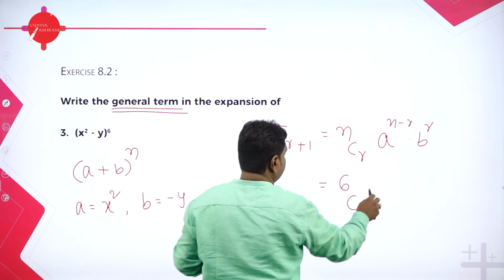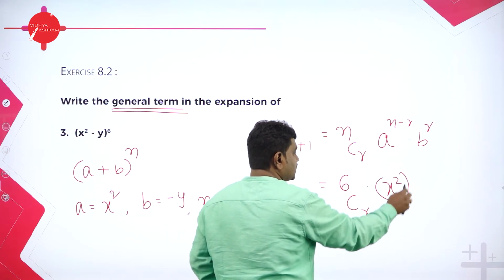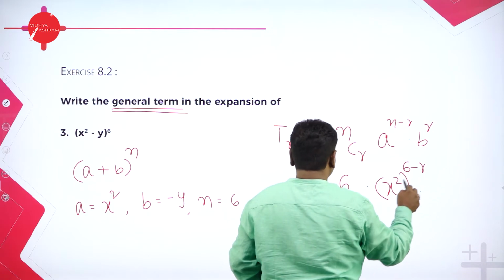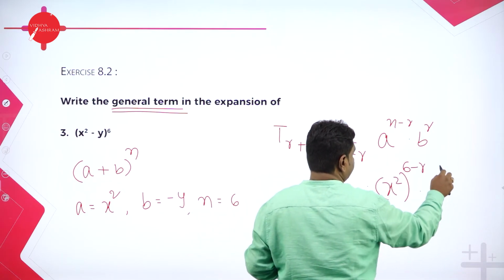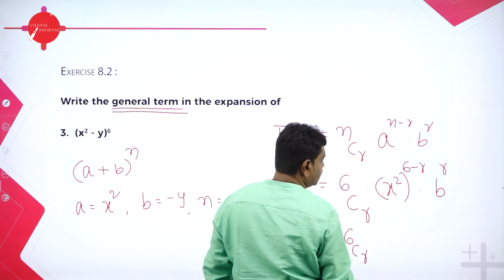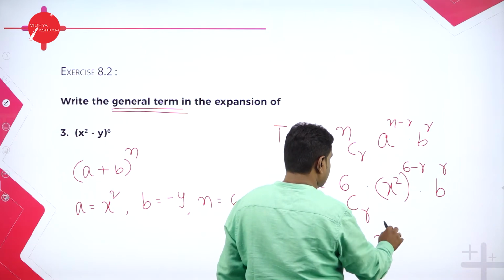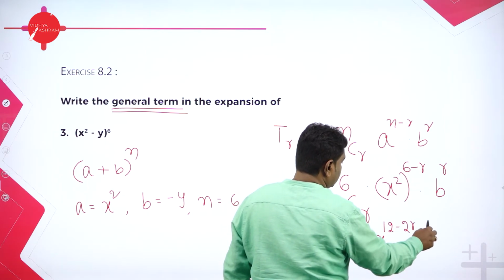General term r will be as it is. A means the first term is x square power 6 minus r. B means the second term is b itself, b power r. Now this is 6Cr x power 6 2s are 12 minus 2r into b power r.